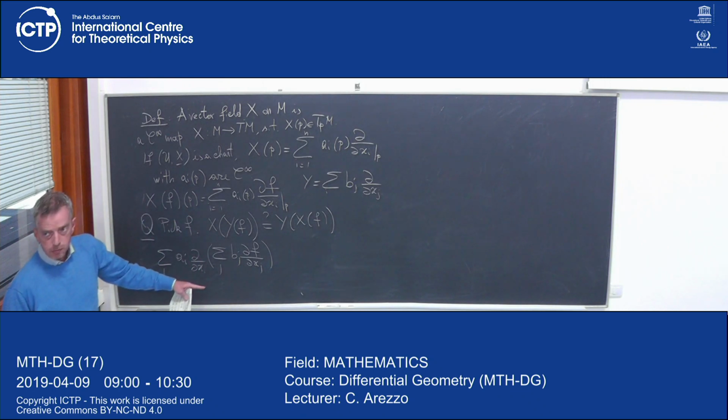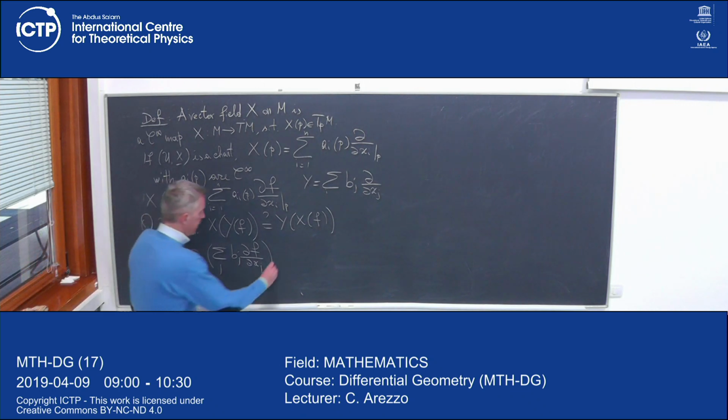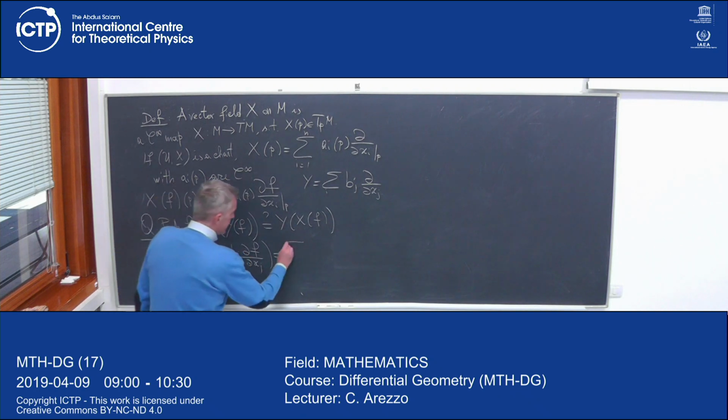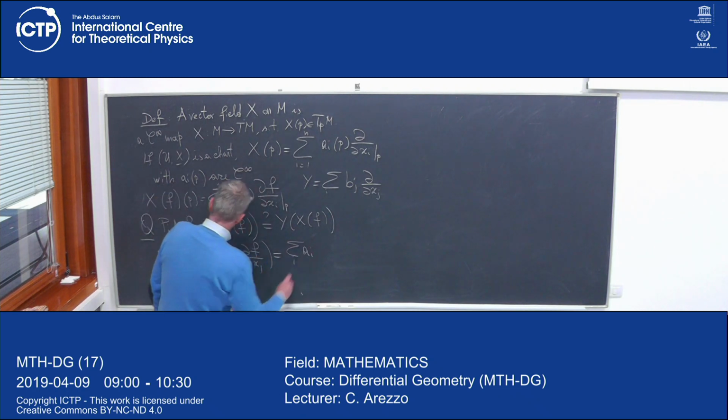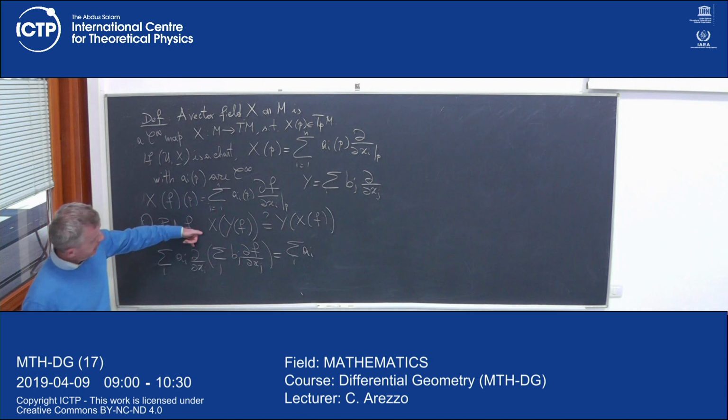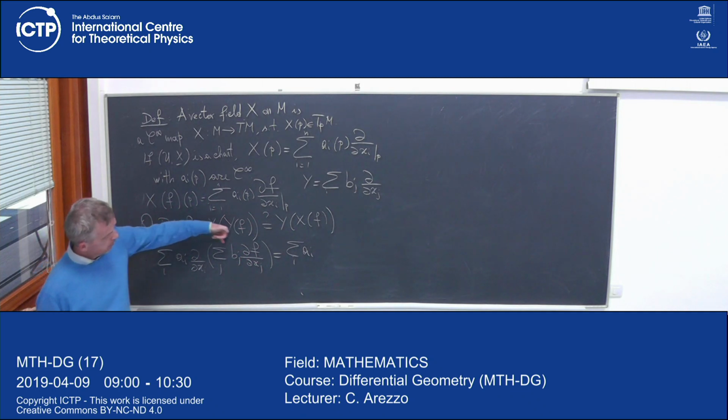So let's do it. After all, now I know that these are the old-fashioned partial derivatives. When I see them acting on a function, this is the partial derivative of this function. So how much is this? Well, this is the sum over i of ai. And now that's the only thing you have to be careful about, the crucial thing: these are functions. They depend on p. So the derivative does something here.